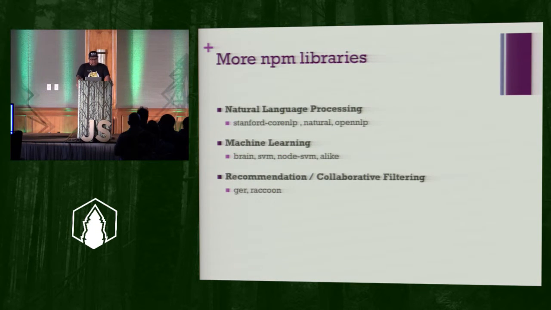Here I note a few different NPM libraries that I found around different machine learning tasks. I would say that these all have different maturity levels, so I would pay attention to how well they perform for your specific task.